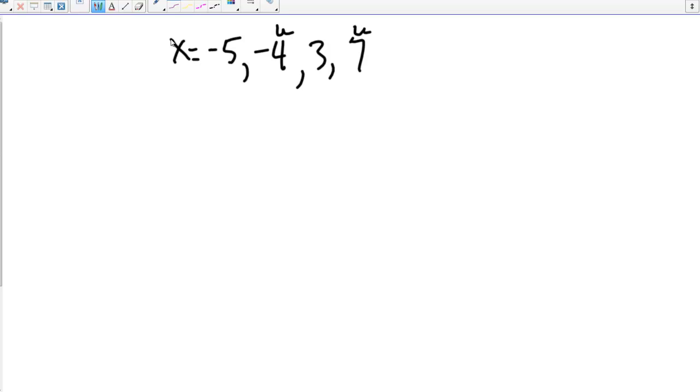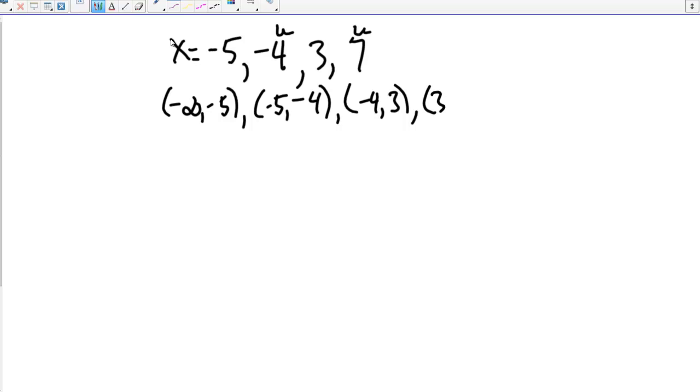Otherwise, within these intervals, negative infinity to negative 5, negative 5 to negative 4, negative 4 to 3, 3 to 7, and finally 7 to infinity, within each of those intervals, the function is guaranteed to remain the same sign.